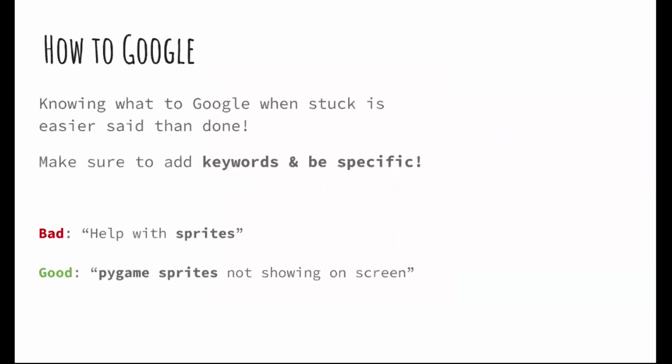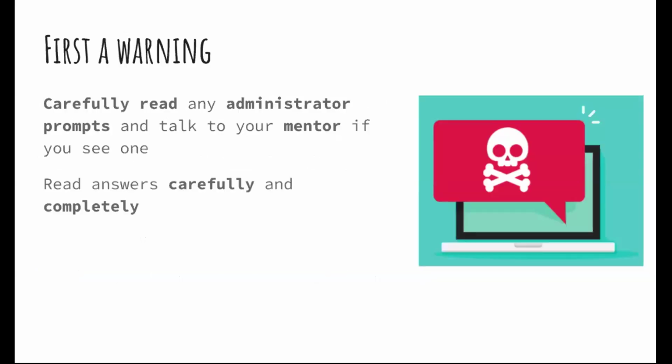Sorry, I'm not even sure exactly what this slide is supposed to mean, but I think it's for when you're using code online, you want to make sure you understand what it's doing. Sometimes I break that rule when I'm installing things, but even then, don't be like me. So, right.